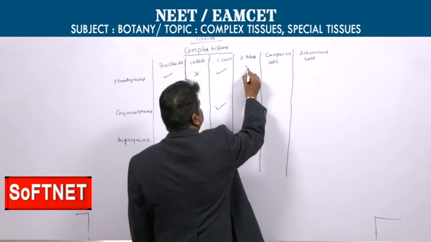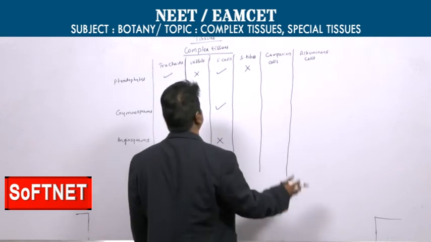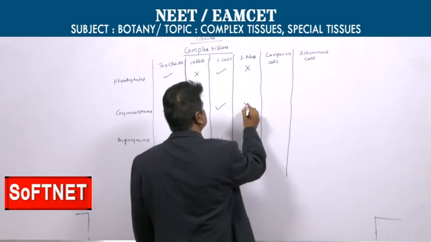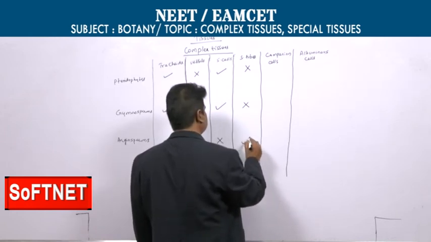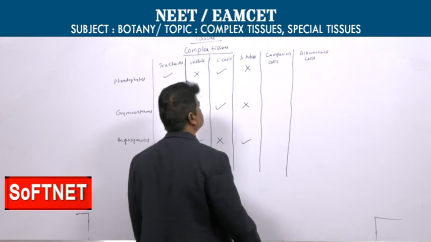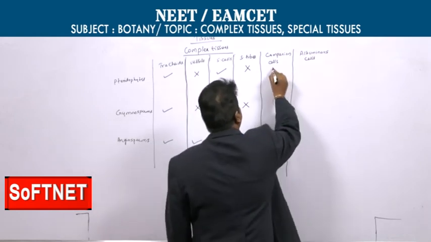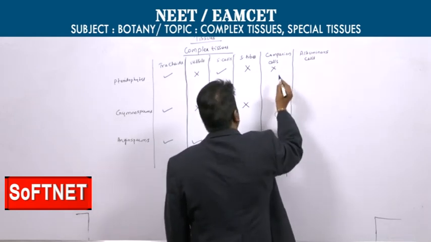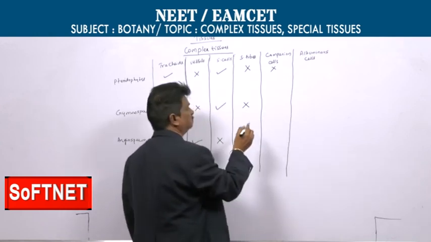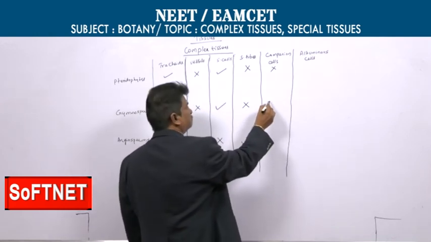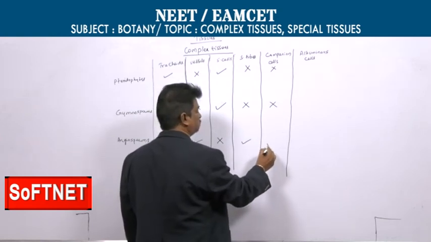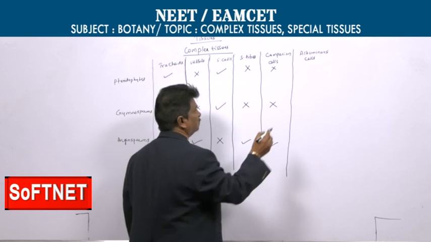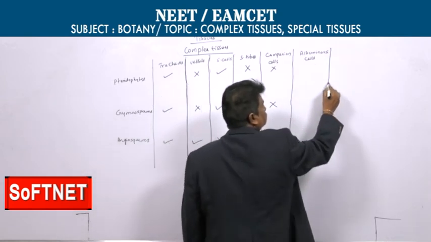Sieve tubes are absent in pteridophytes, absent in gymnosperms, but present in angiosperms. Companion cells are absent in pteridophytes, absent in gymnosperms, but present in angiosperms.